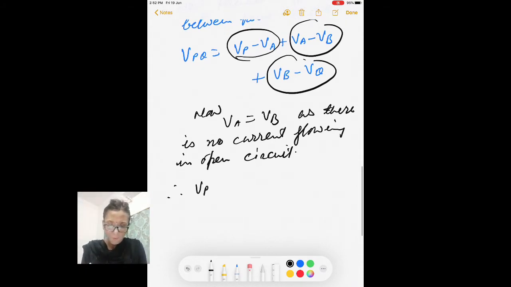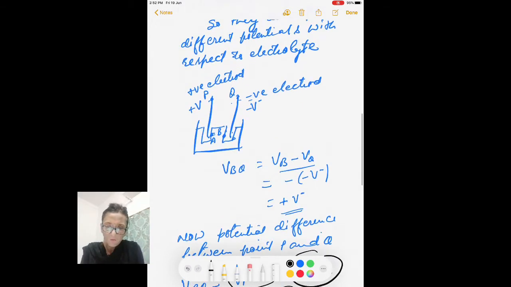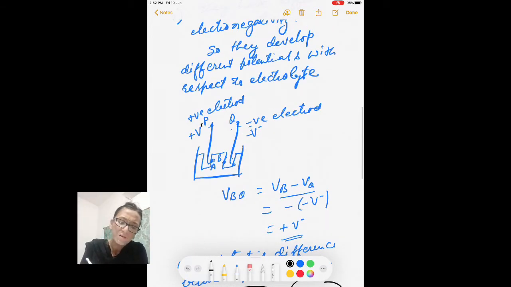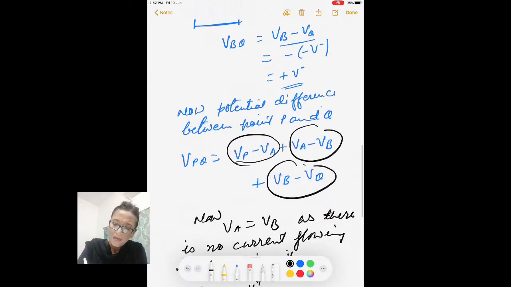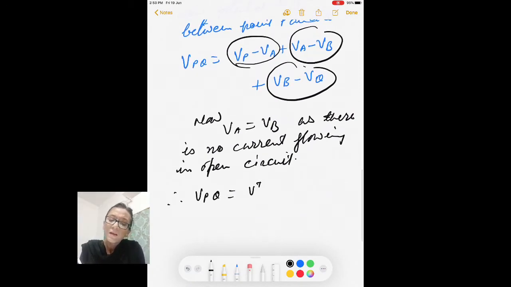Therefore VPQ comes equal to V plus, which is positive. And this potential difference, VA minus VB, is 0 because no current is flowing.